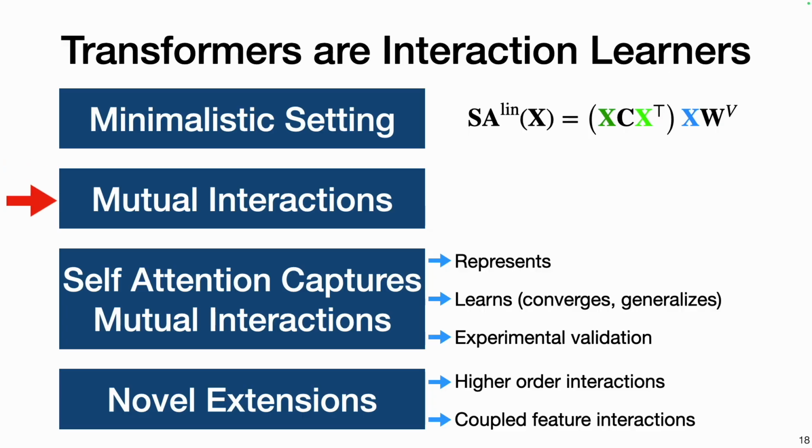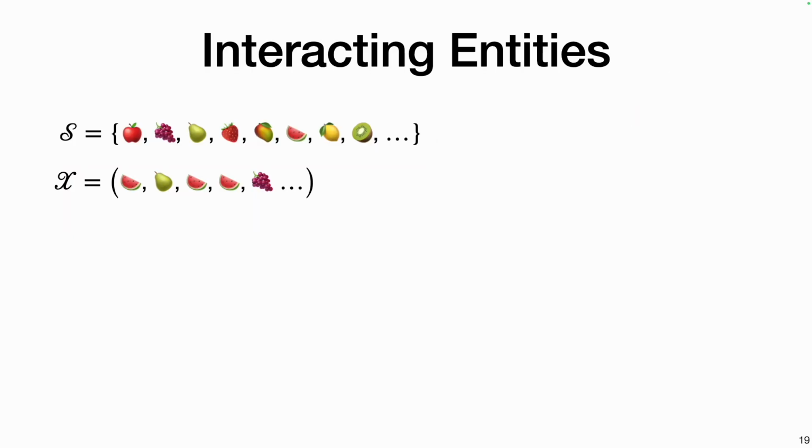Now we'll continue with the interacting entities perspective with the mutual interactions. We consider a discrete finite domain S. Here, what I call a domain is just an abstraction of several other possible experimental settings. We will come to the examples soon. In our task, we have tuples from this domain, possibly with repeated elements.